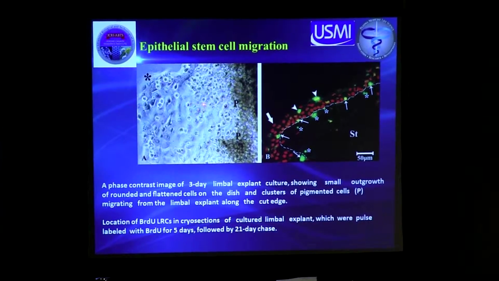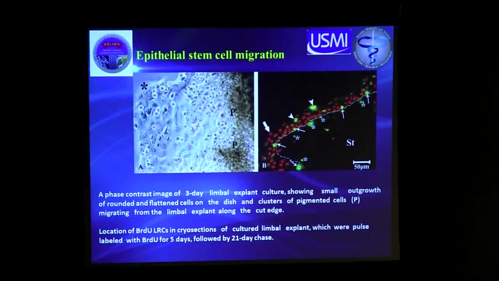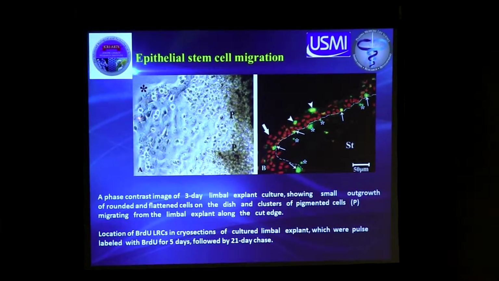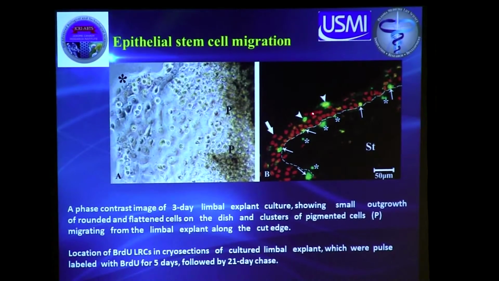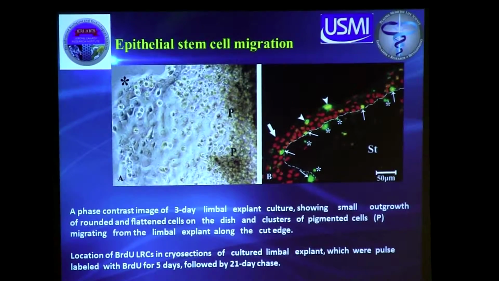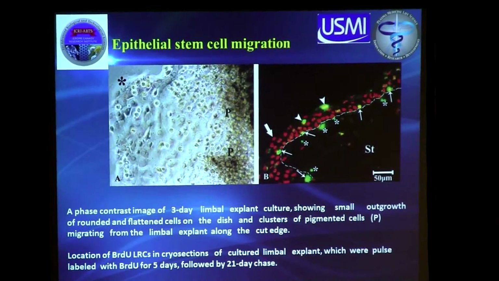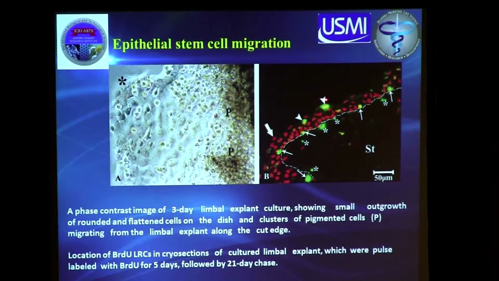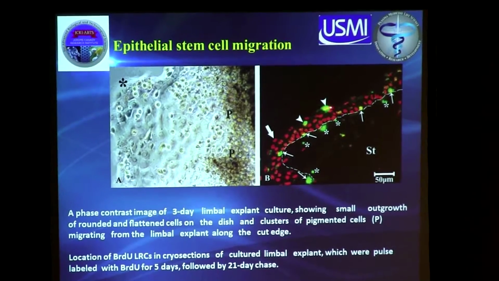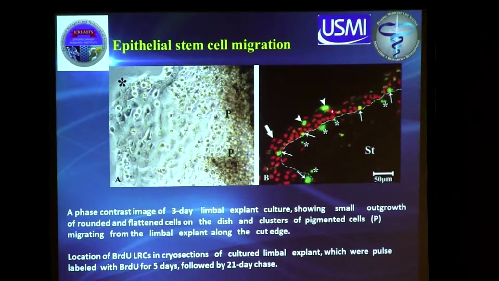These cultures were pulse labeled with BrdU and chased for a period of 3 weeks. On the right, you will see an explant, and after 21 days of culture, the epithelial cells are migrating as a sheet. The green labeled cells are the BrdU label-retaining cells, or the stem cells.